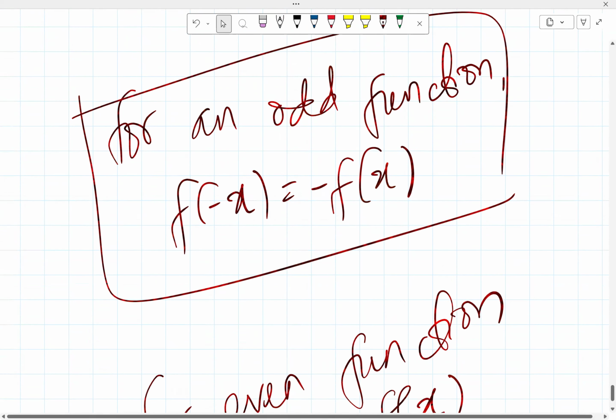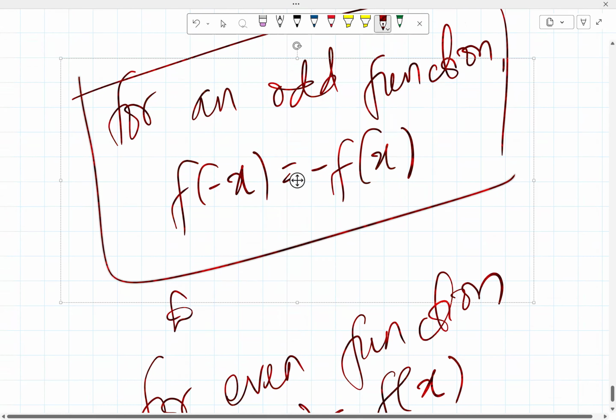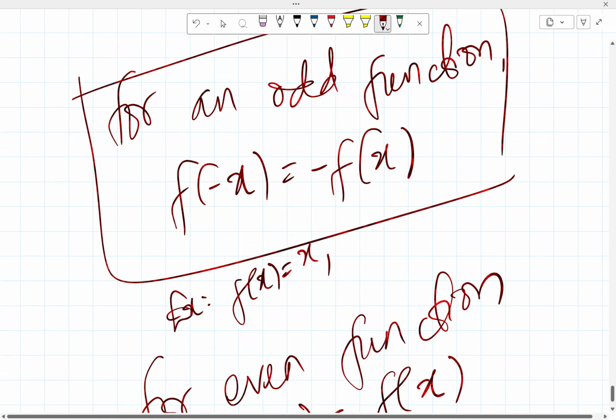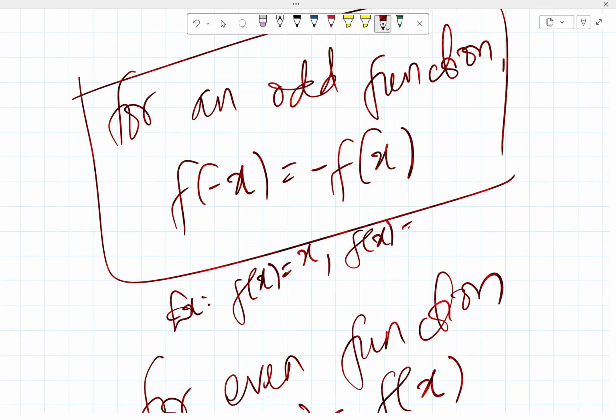A very good example of an odd function, like we said here, is f of x equals x, because f of minus 1 is minus 1, right? Another one for trig is sine x. Sine minus 30 is minus sine 30, right?